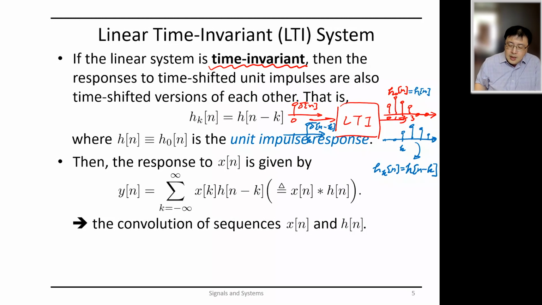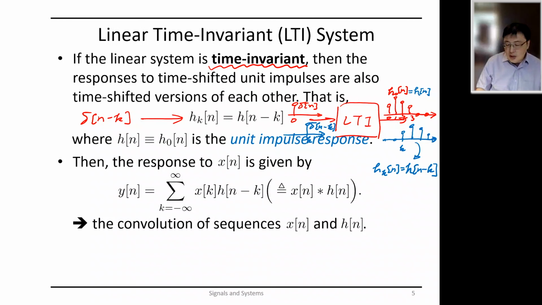This is basically what's mentioned here. If the system is time invariant, then h_k of n will just be a time-shifted version of the response corresponding to an impulse at time 0.